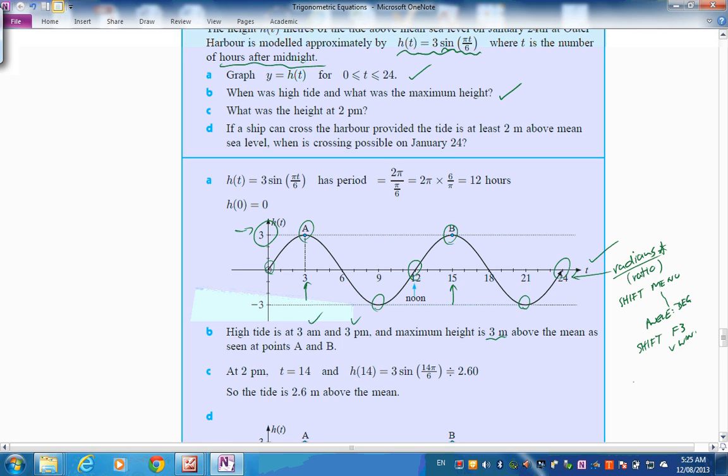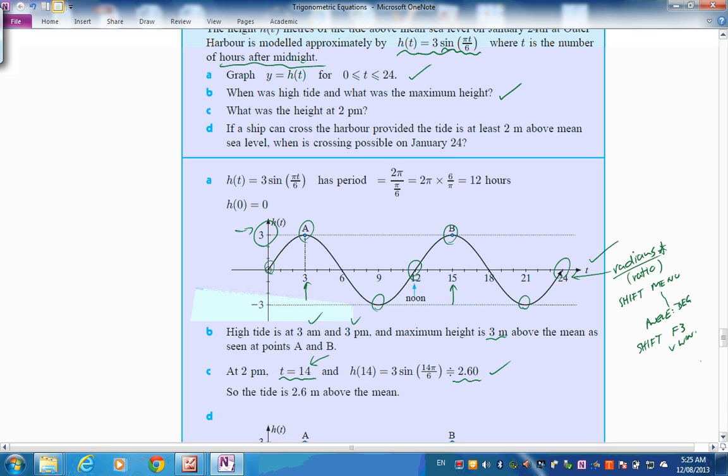All right, what was the height at 2 p.m? At 2 p.m, again, using G-solve, T is 14 hours after midnight. So we would go Shift F5 to G-solve, and we want a Y calc when an X is 14, and we would get this value here.